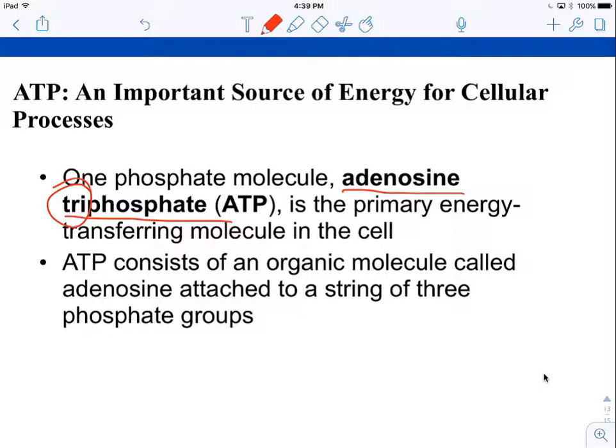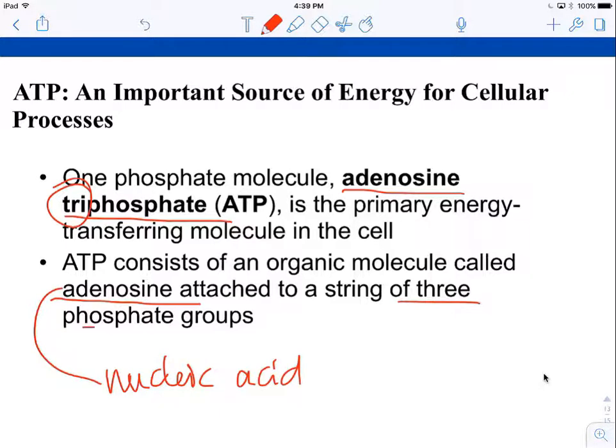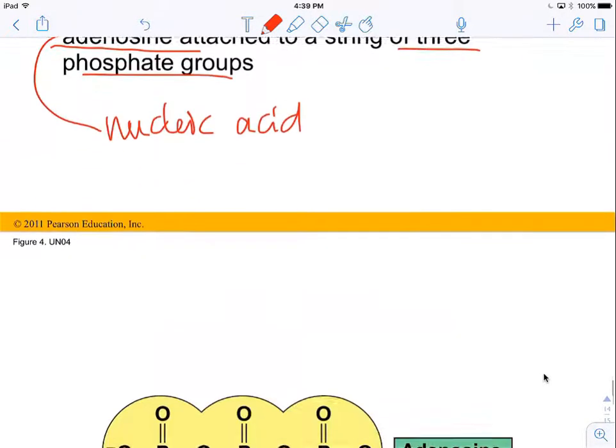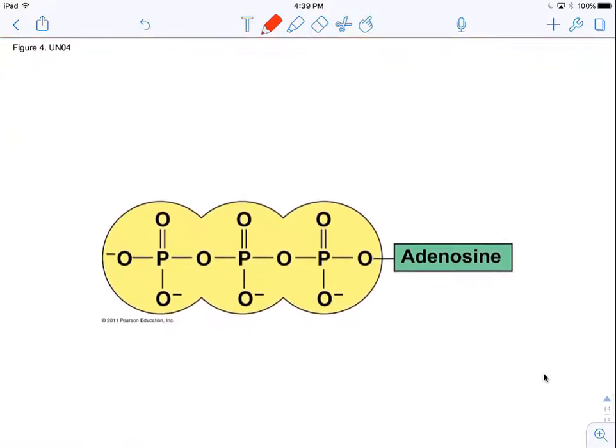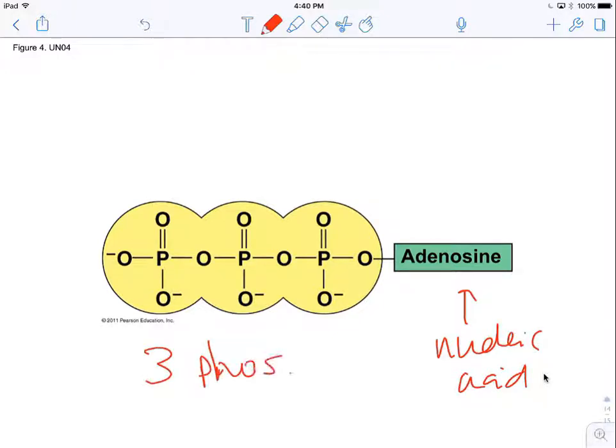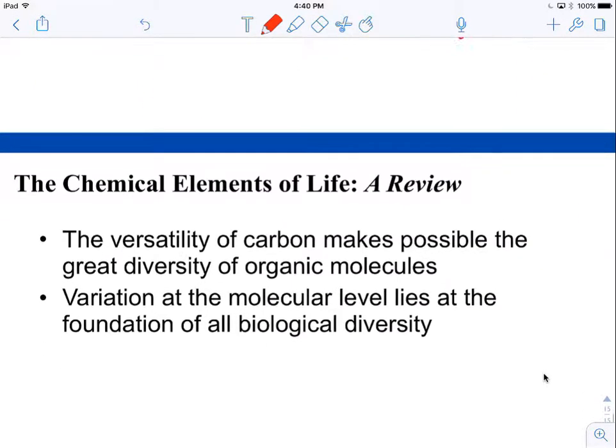So a molecule called adenosine, and adenosine is a nucleic acid, and then three phosphate groups. And we'll see a picture of it right here. There it is. So adenosine, this is a nucleic acid, and then we've got our three phosphates. And this makes this compound very polar and very high energy. And we'll talk about that again very soon, but it's going to be your buddy.